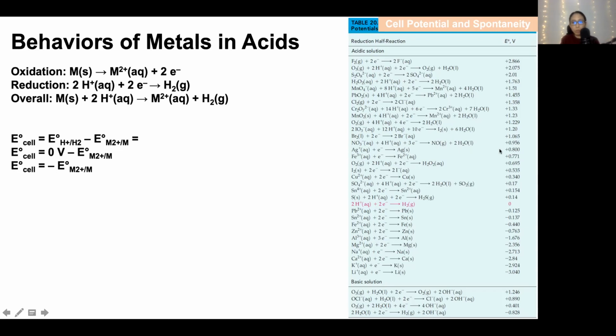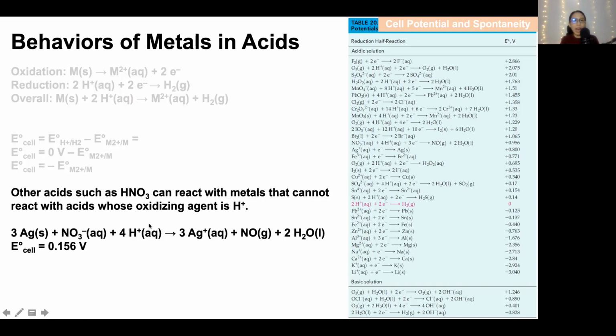So negative of positive 0.8 is a negative value, so the reaction is not spontaneous. However, this is only true if we have acids such as HCl, HBr, HI. These are acids that produce or release hydrogen ions in solution, right? So the oxidizing agent here is the H+.